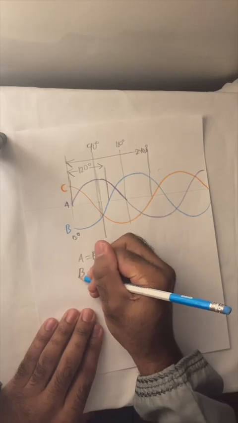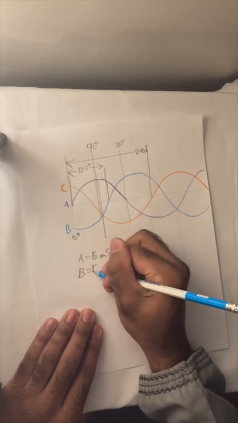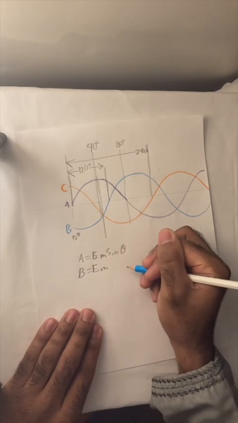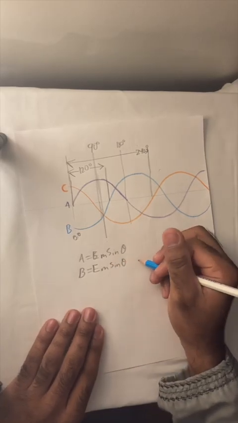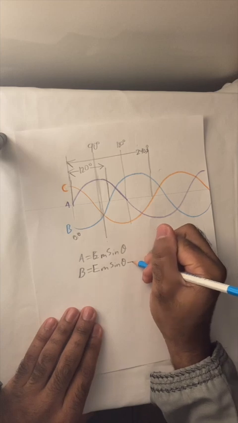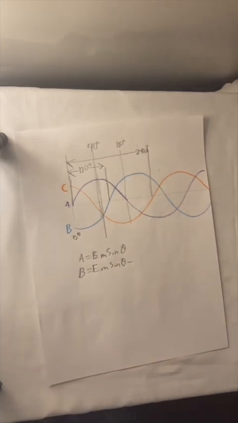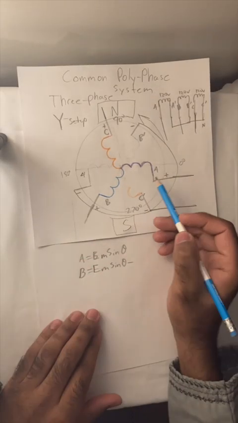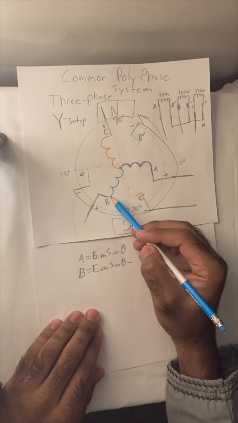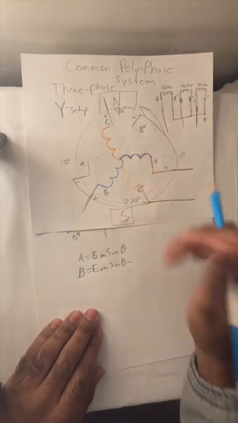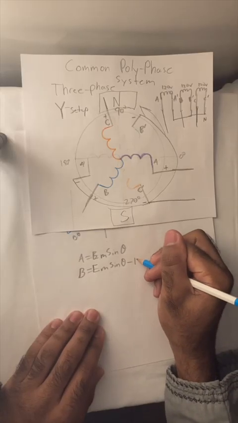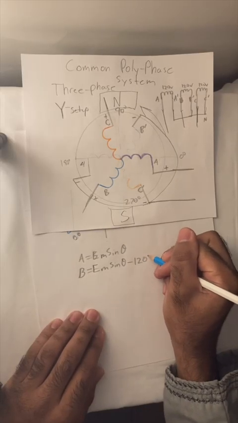B equals Em sine theta minus, if you look back, because B lags A, positive voltage will lag A. So we have minus 120 degrees.